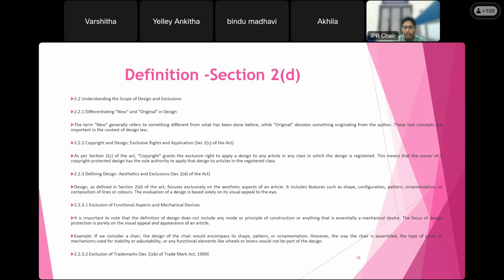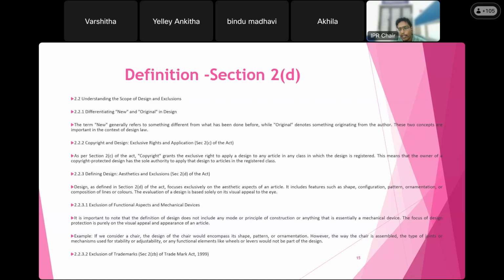So in this way, some shapes can come out through functionality, and that cannot be protected. For example, if you take the tire of a vehicle, its round shape you cannot protect as a design, because that shape came through functionality. And if you consider a chair, the design would encompass its shape, pattern, or ornamentation.